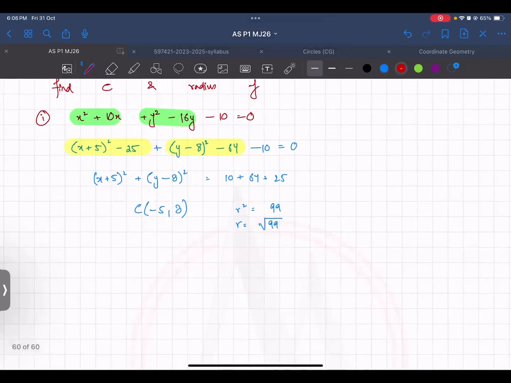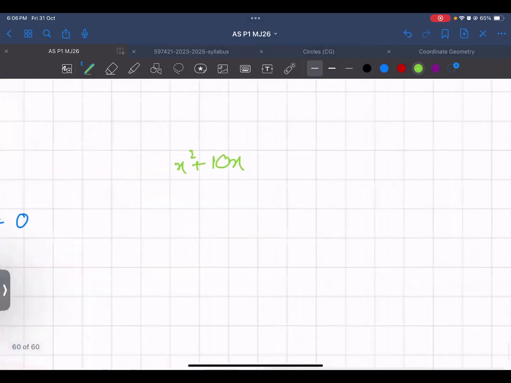Let me show it to you. For x square plus 10x, your a is 1, your b is 10, your c is 0.